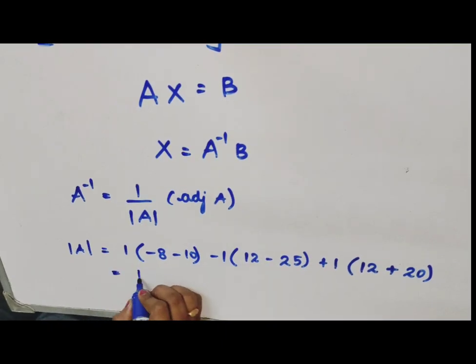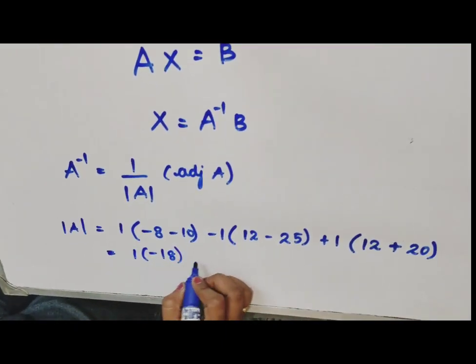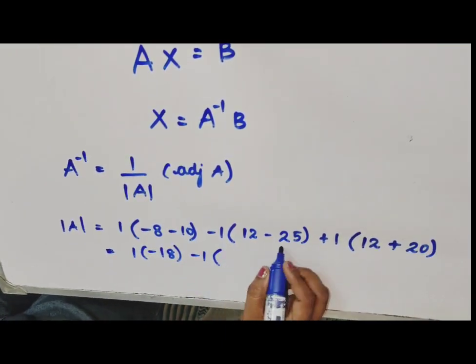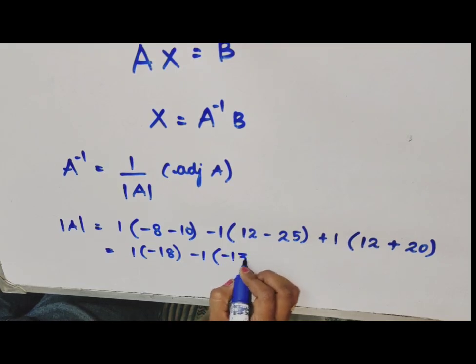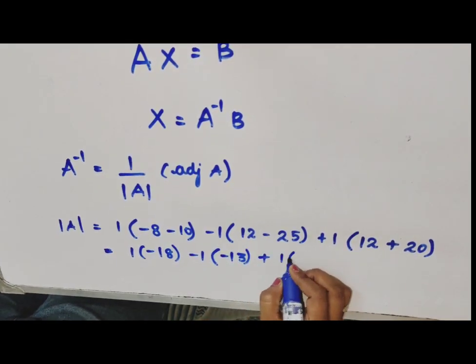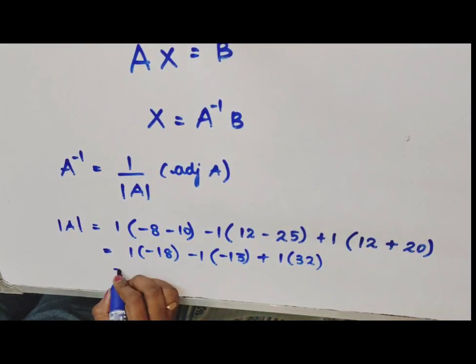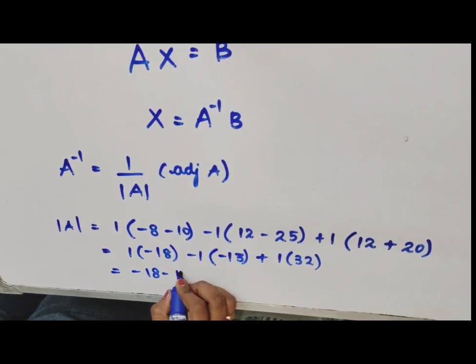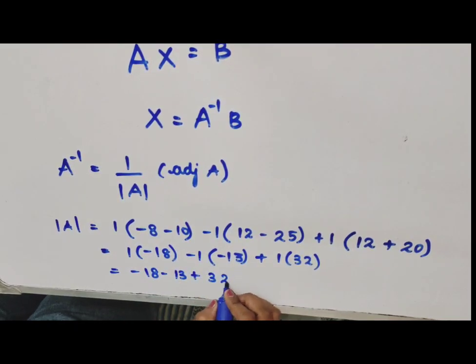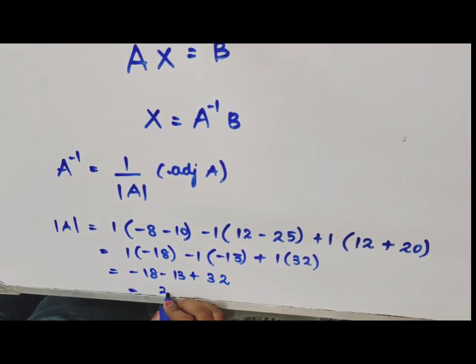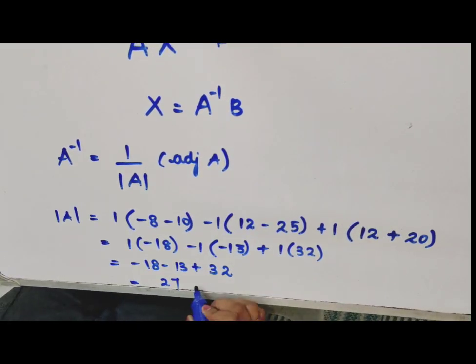So next is 1 into minus 18, minus 1 into 12 minus 25, it is minus 13, plus 1 into 32. Minus 18 minus 13 plus 32. So after the simplification, we will get the answer as 27.